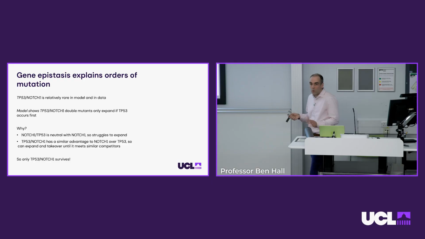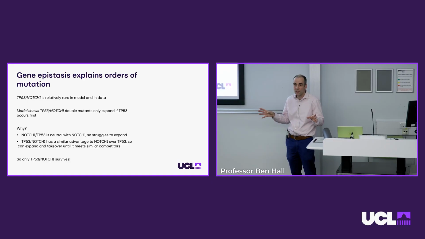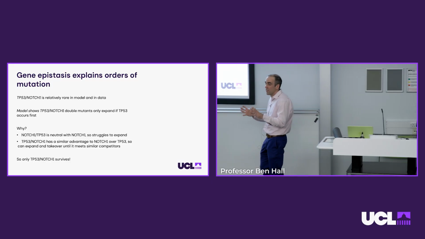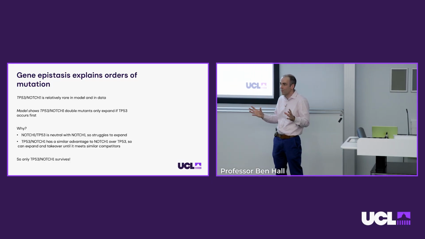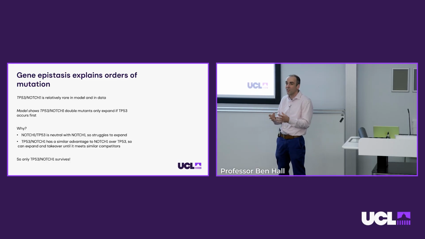Why is that? Well, Notch1 is fitter than P53. And when you have both mutations in the same cell, the fitness of the double mutants is the same as the fitness of Notch1. What that means is that if you have a Notch1 clone and a P53 mutation happens, it has no advantage, it has no fitness, so it can't compete with its neighbours and it's lost.